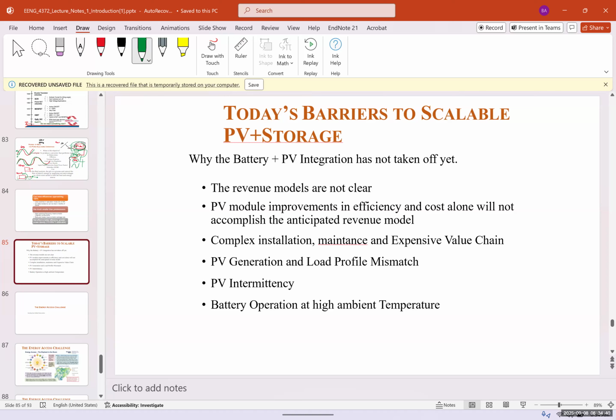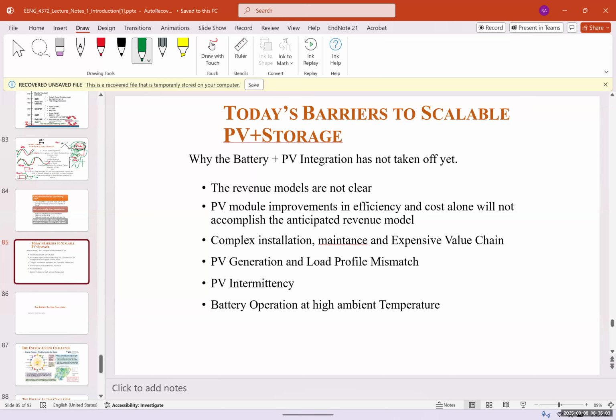Therefore, the revenue models are not clear. And we need accomplishment in power electronics and especially in battery technology to make them cost efficient. They have complex installation, maintenance, and an expensive value chain.